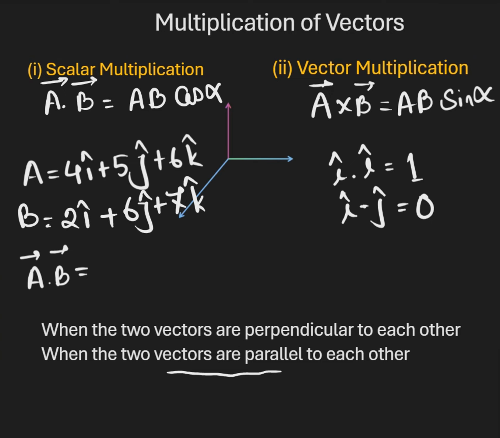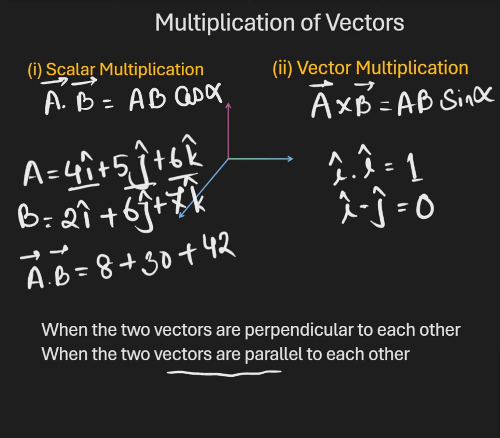So A multiplied with B. Here A has 3 coefficients included with its unit vectors, and here as well, so it will be 9 products, right? But i dot i will be 1, so we'll get 8 plus, so 5 times 6 is 30, plus 6 times 7 is 42.